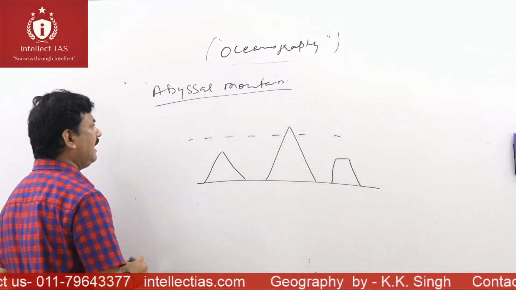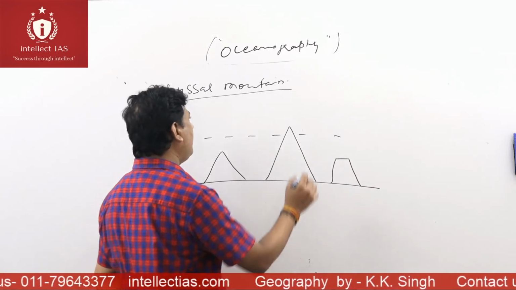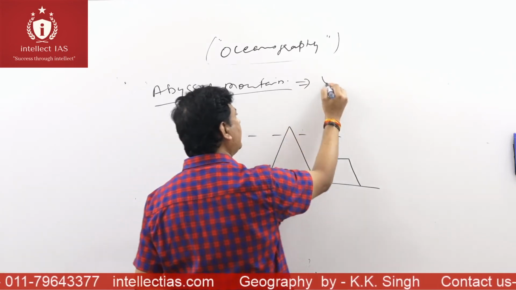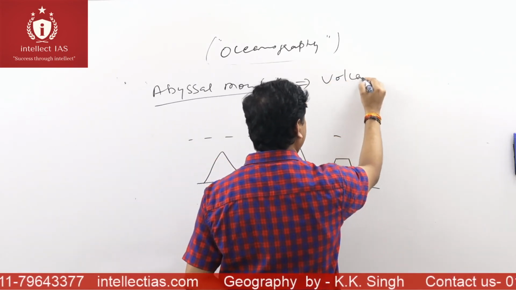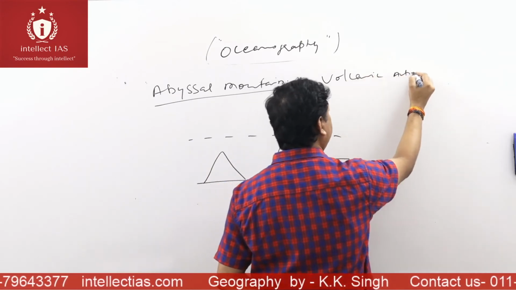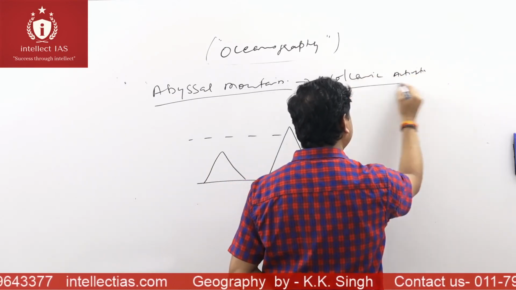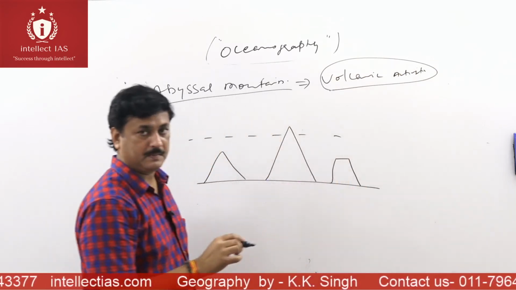Okay, look here. Abyssal mountains are mountains formed by volcanic eruption, by volcanic activities. So these are the mountains of volcanic activities.